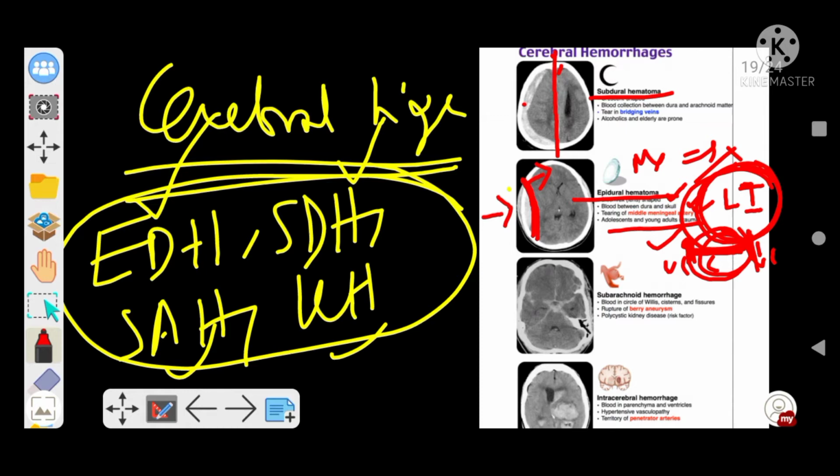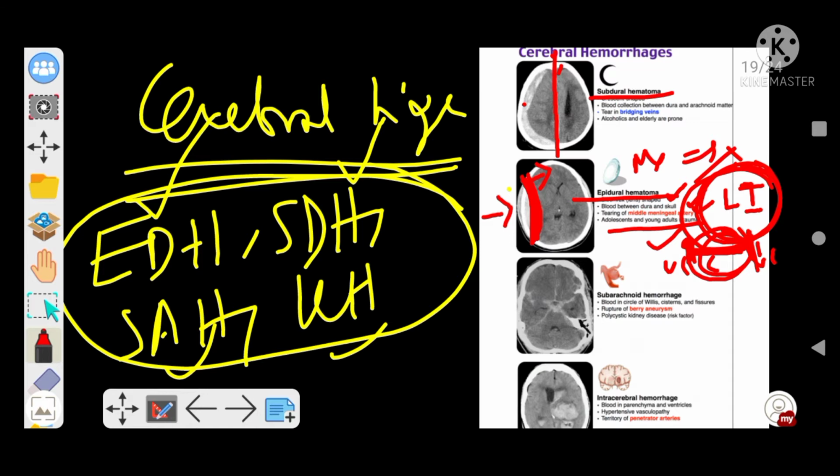Anyway, so this one is your EDH. The bleeding is of biconvex or lens pattern, right? So we will revise EDH again. EDH mostly occurs in young patients due to high velocity impact. There is lucid interval, the period of consciousness in between two periods of unconsciousness, and the hematoma is biconvex or lens pattern.